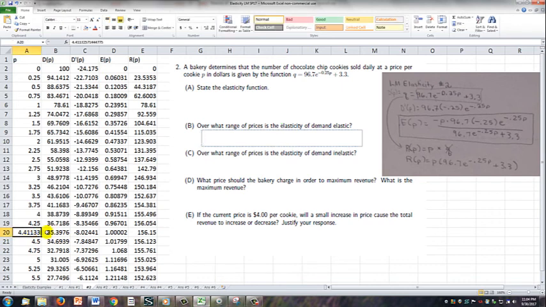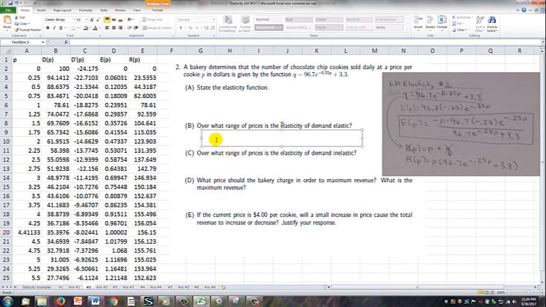The unit elasticity occurs when the price is $4.41, right? So any price greater than 441 is going to create elasticity. The demand will become elastic.